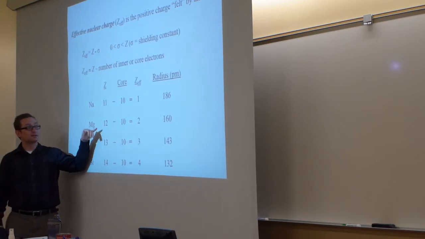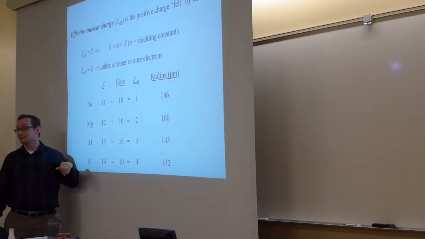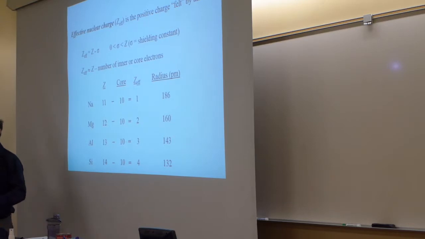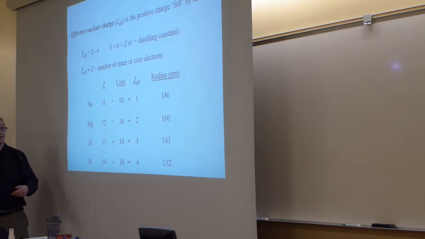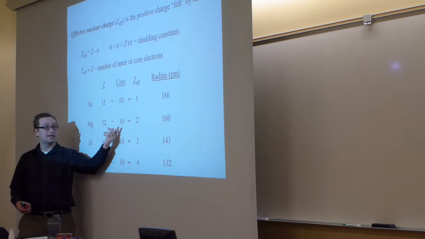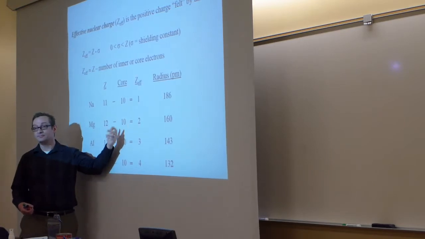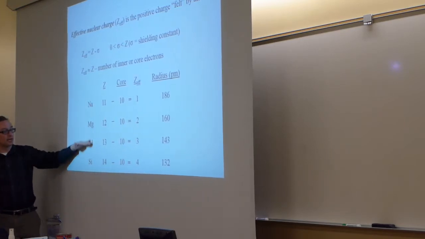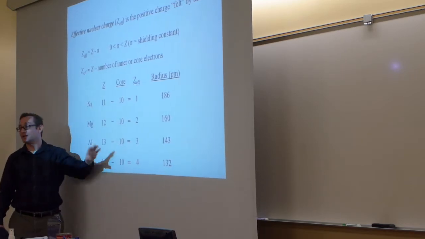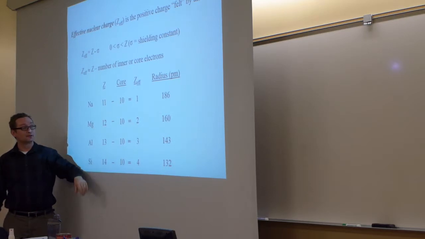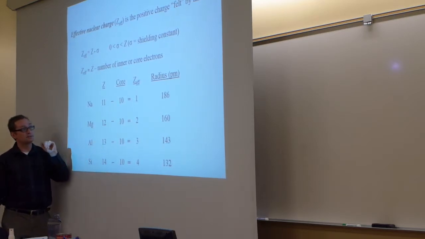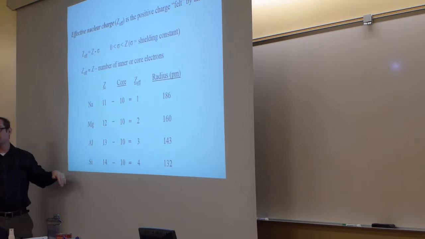With magnesium, there are 12 electrons total. That's 1s2, 2s2, 2p6, 3s2. That 3s2 means you've got 2 valence electrons in magnesium, but you still have 10 core electrons. So for all these row 3 elements, they all have the same core electrons. That's the quantum model. But there's also an increasing nuclear charge as you go through that shell.